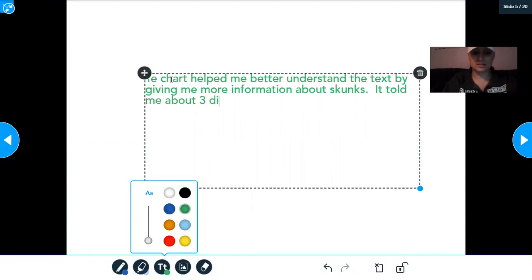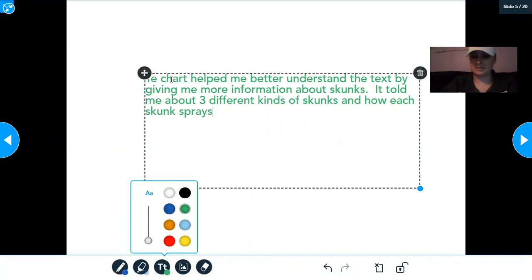Three different kinds of skunks. And how each skunk sprays. They each sprayed in a different way.